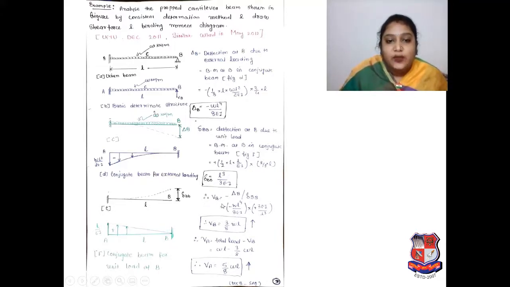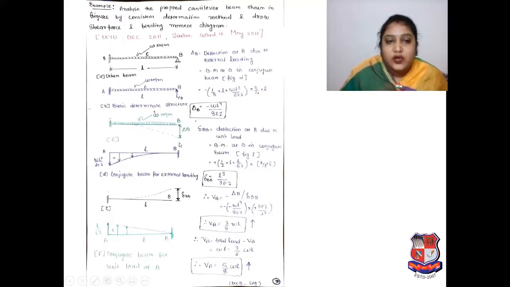Therefore VB is equal to minus delta B upon del BB. Okay, so as per that, whatever delta B value we have got and del BB, we have to put in the equation and simplify. So after that, VB will be 3 upon 8 W into L. It is positive, in the upward direction. Now VA is equal to total load minus VB.